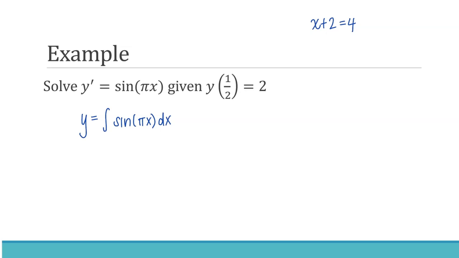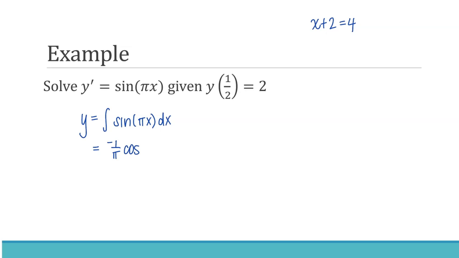When I find the general antiderivative of sine of pi x, I'm going to get a 1 over pi, 1 over the slope here, since the inside is linear. So 1 over pi is going to come out in front. And the antiderivative of sine is negative cosine.